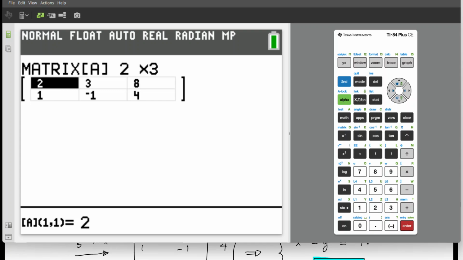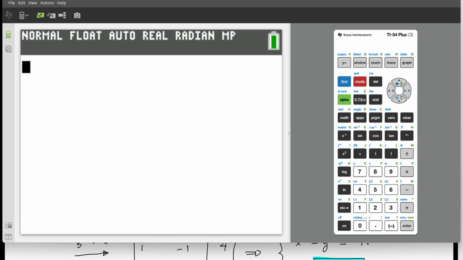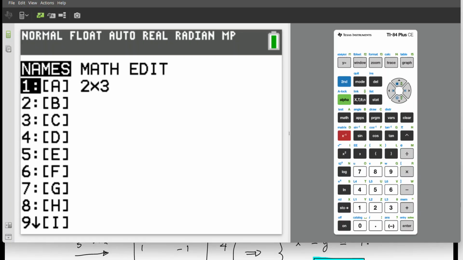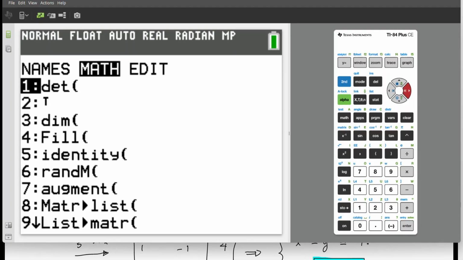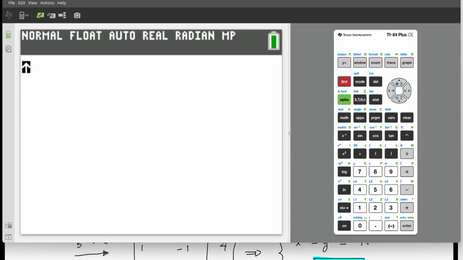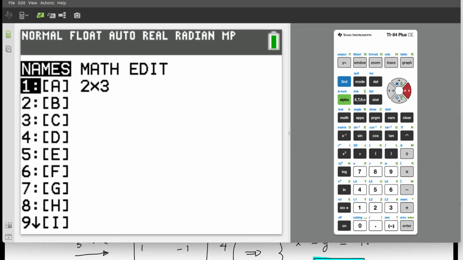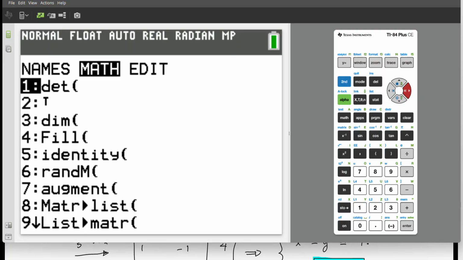That's the augmented matrix. Once you've typed it all in, you're going to go ahead and quit this whole thing, go back to the main screen of your calculator, and once you're there, re-enter the matrix menu by clicking second x-1 button. This time we want to do some math on this calculator. We want to use the matrix math menu, so we enter the matrix menu, then we move 1 across and we see a list of options.